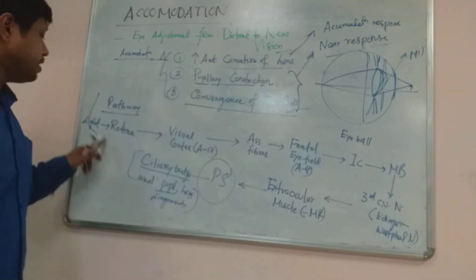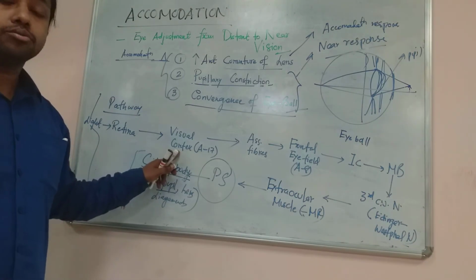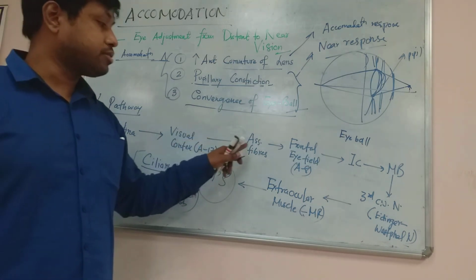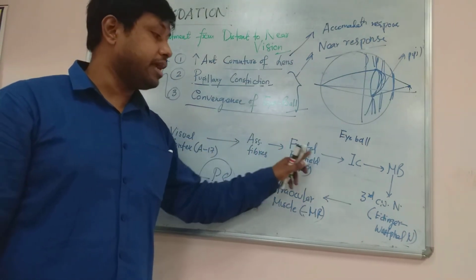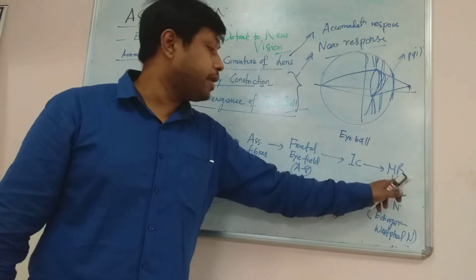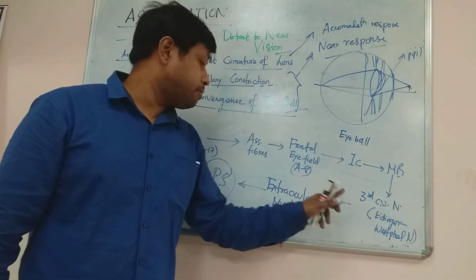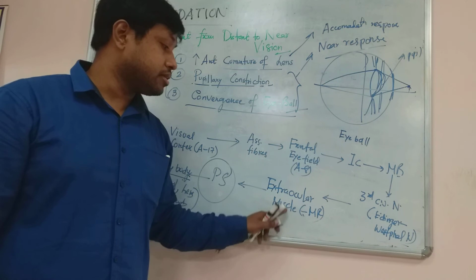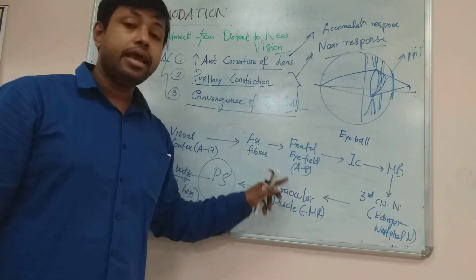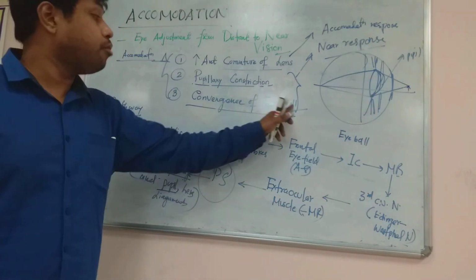What is that reflex? When light falls on the retina, it takes the information to the visual cortex through the optic nerve. There it is analyzed at area number 17, and through association fibers it passes the impulse to the frontal eye field, which is area number 8. From there, via the internal capsule and midbrain, it stimulates the third cranial nerve nuclei, which stimulates the extraocular muscle and the medial rectus muscle, which contracts, and contraction of the medial rectus muscle is responsible for eyeball convergence.